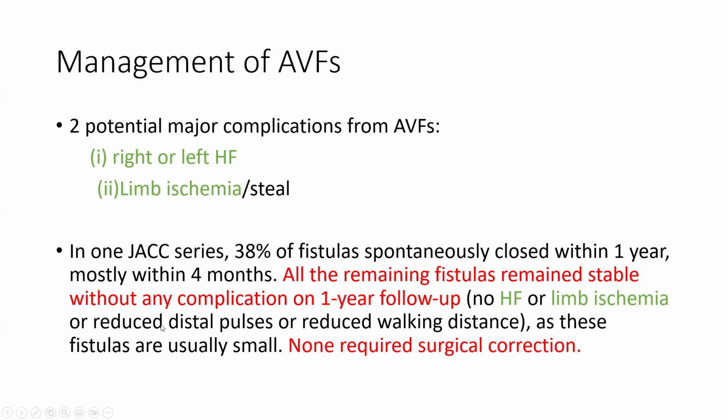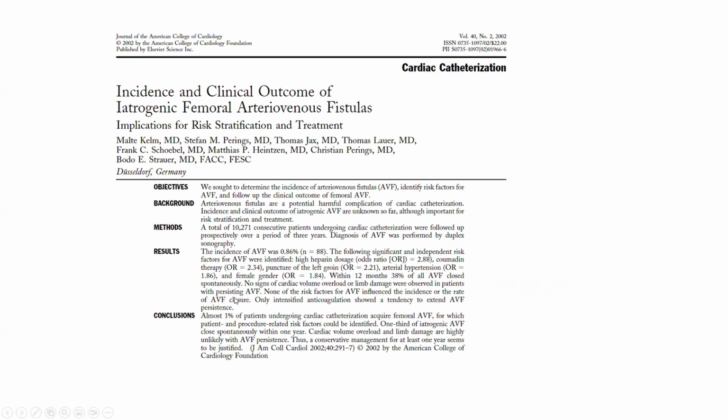No heart failure, no limb ischemia, no reduced distal pulses, no reduced ambulatory distance. These fistula are usually small and usually not hemodynamically significant. They are much smaller than a dialysis fistula, so they are well tolerated. And none of them, even the ones that didn't close, required surgical correction.